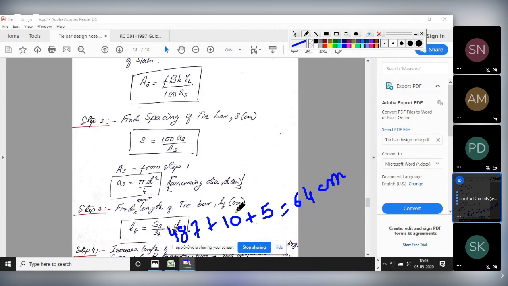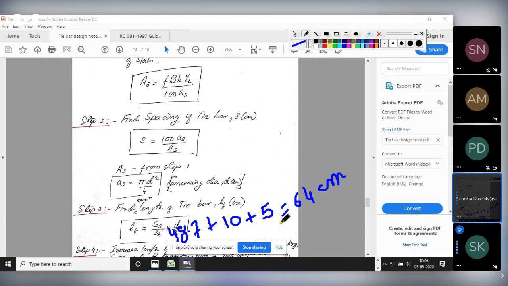So in order to increase the grip, we have to increase the tie bar length also. And another 5 centimeter is tolerance for misalignment. The tie bar should be perpendicular to the direction of traffic, but while placing it may not be perpendicular, it may be slightly more than 90 degrees. So then also we have to increase this length.